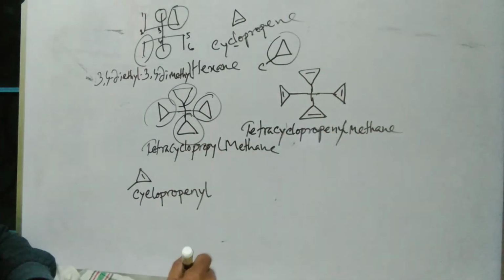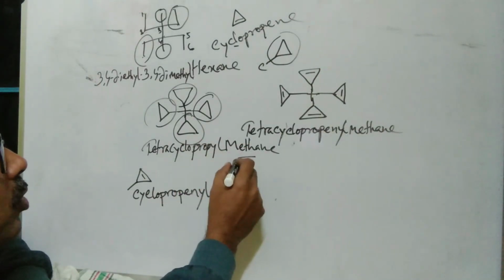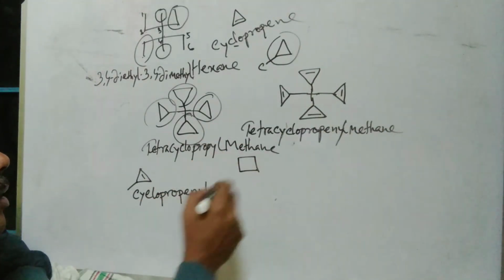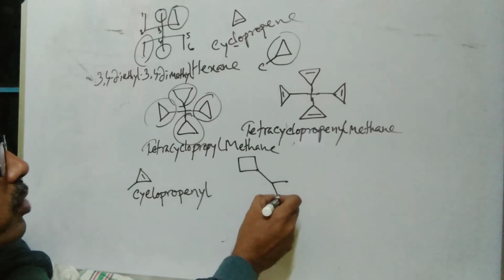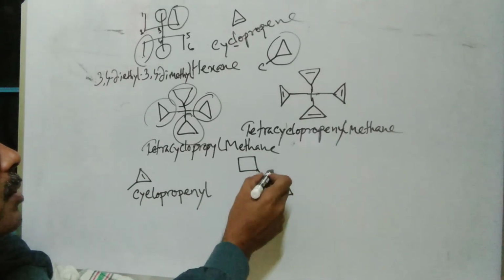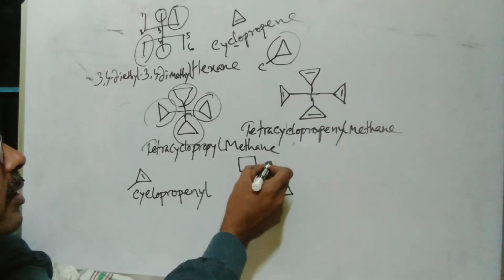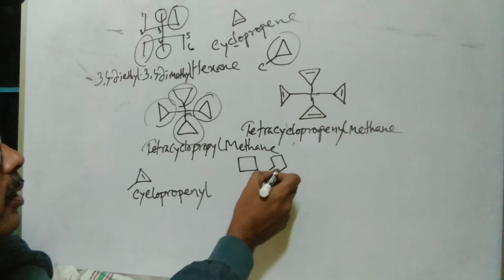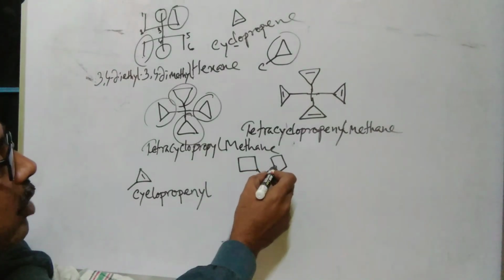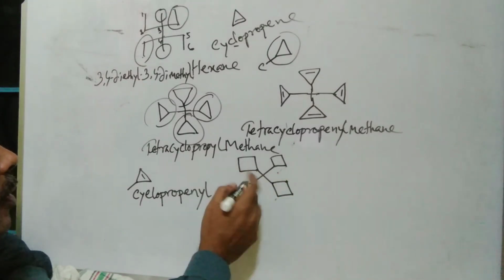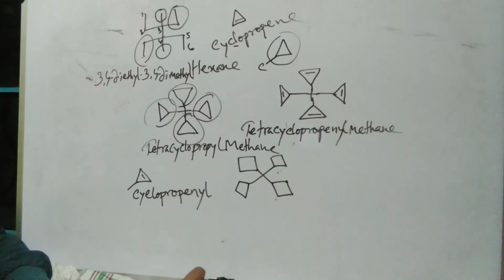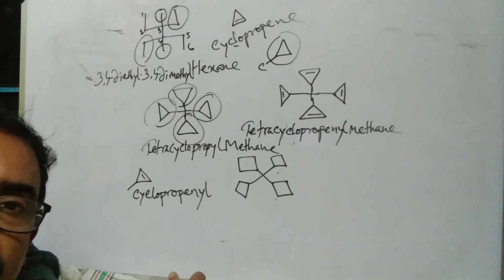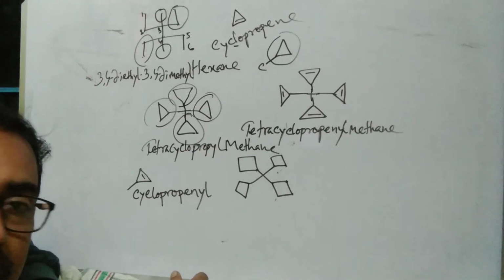Okay. Now, similarly, this one is cyclobutane. So here if 4 cyclobutyl groups are there, then the compound is of course again tetracyclobutyl methane.